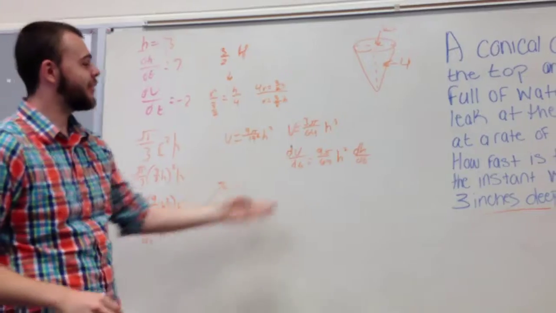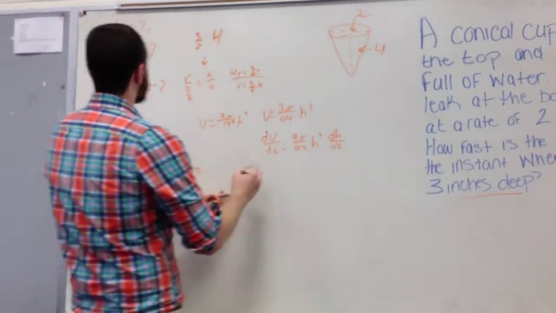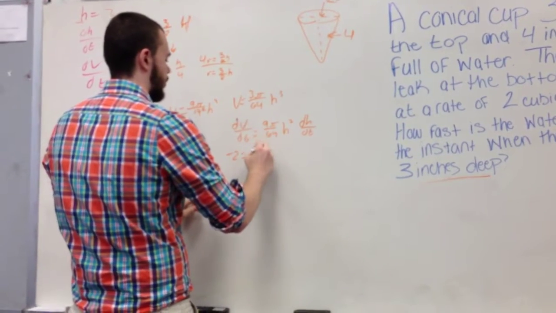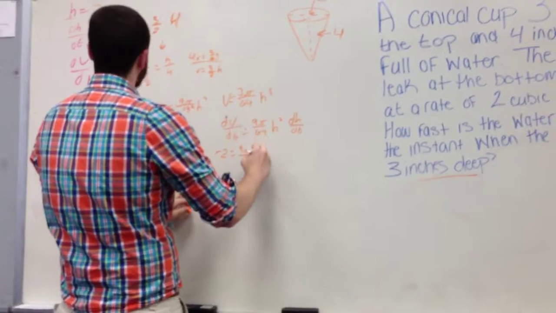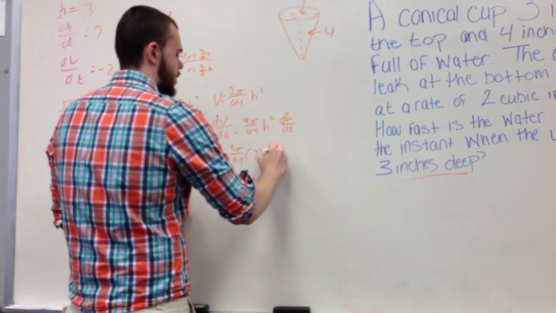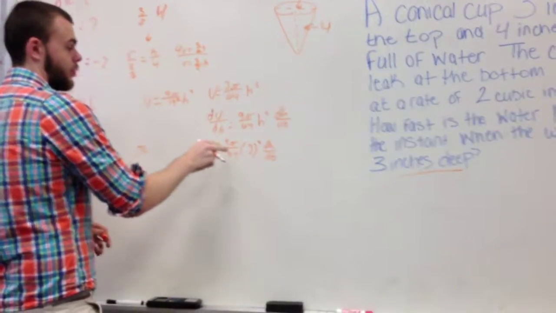Now we have our dV/dt and we have our h. So now, since these are just numbers, we can solve for our dh/dt. Negative 2 is equal to 9 pi over 64 times 3 squared times dh/dt. Now, we can multiply 3 squared into this fraction.